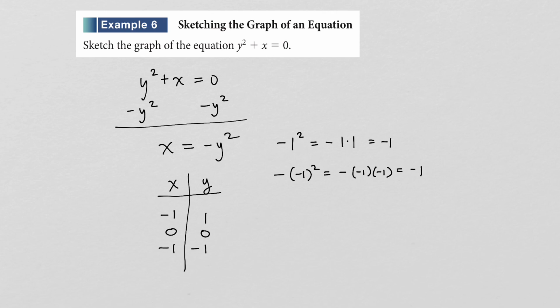And then if y equals 2, we get -2 squared, which is -4. That was y equals +2. And then if y is -2, we get -(-2) squared, which is again -4.